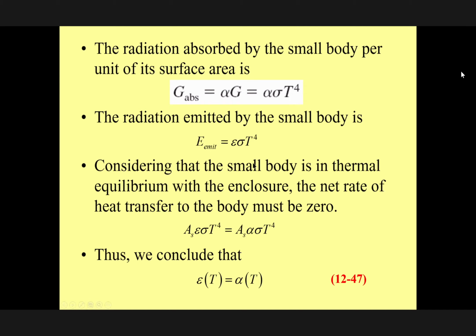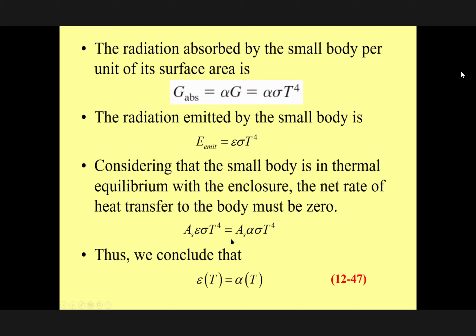We assume that when it reaches equilibrium, the amount of energy emitted by this small surface is equal to the amount of energy absorbed by the small surface. Therefore, if we put these two equations together, we can see simply that alpha is equal to epsilon. We can consider this one equal to this one.